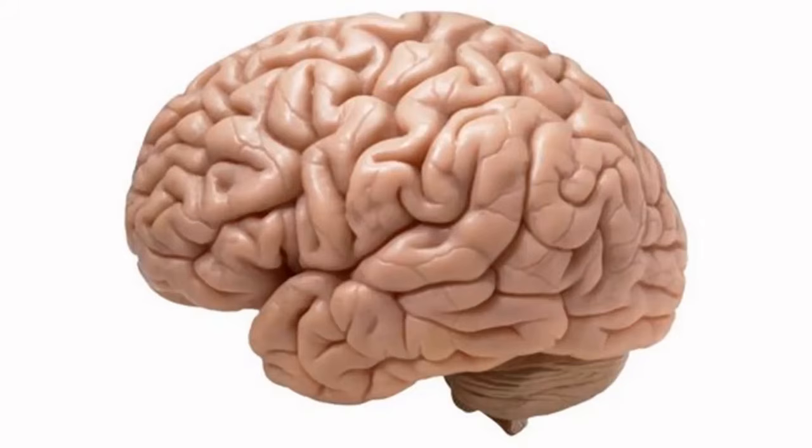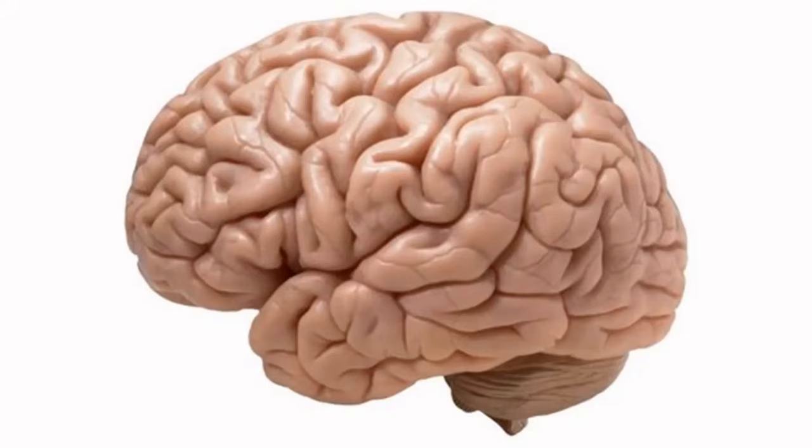These gyri and sulci form important anatomical landmarks that will allow us to separate and localize the different functional centers in the brain. Basically, we need to know 3 important sulci to get started.